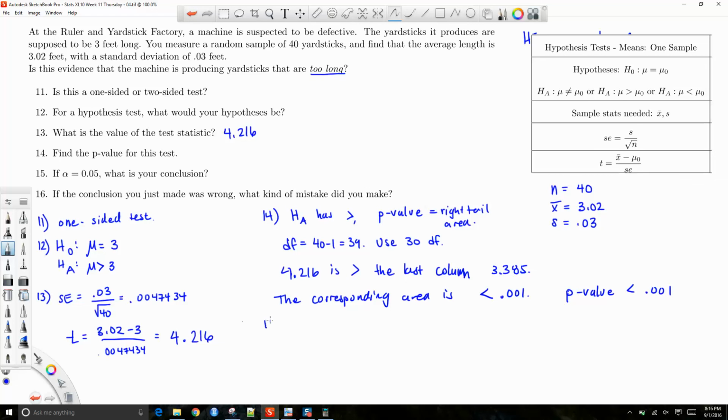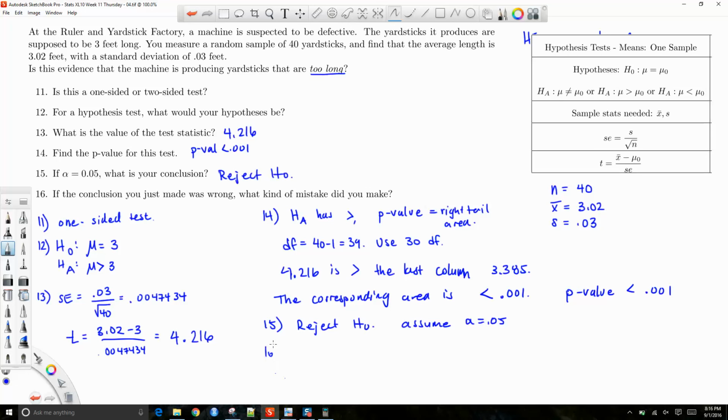So number 15, we would reject the null hypothesis. We assume alpha is 0.05. Our p-value is less than alpha, so we reject the null hypothesis.